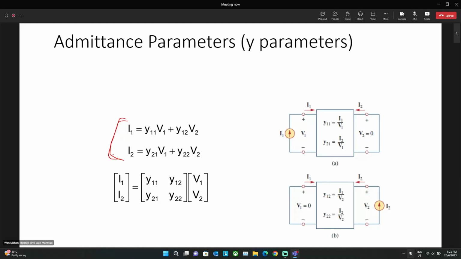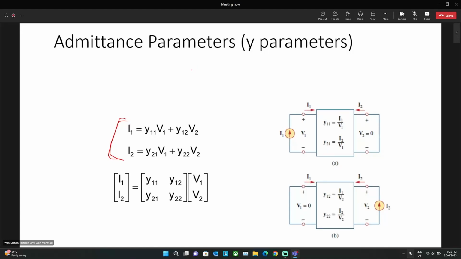It's a reciprocal of Z parameter. Susunan dia sama, beza dia kat sini instead of I dia jadi V. Instead of V, masa Z parameter tu dia jadi I. Dekat sini pula instead of I dia jadi V. Itu saja.